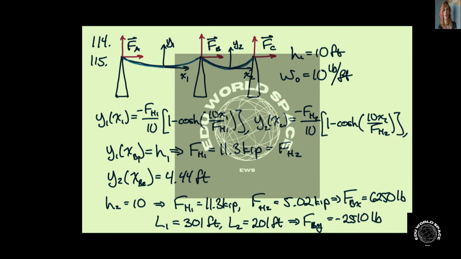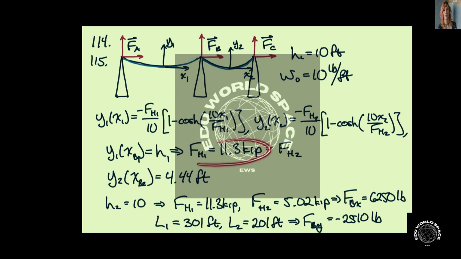We can then plug in the value that at this point here, at xb1, which is 150 feet, y1 should be h1, which is 10 feet, and that tells us the horizontal tension in here.